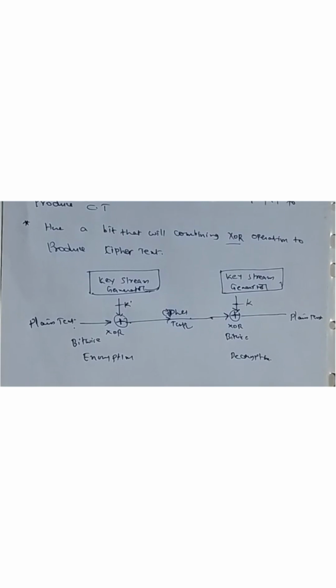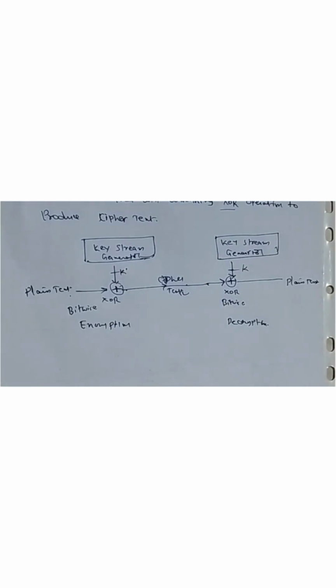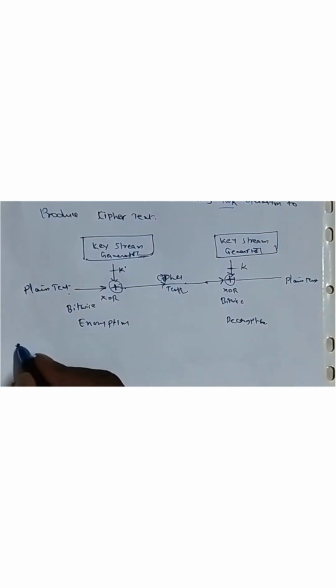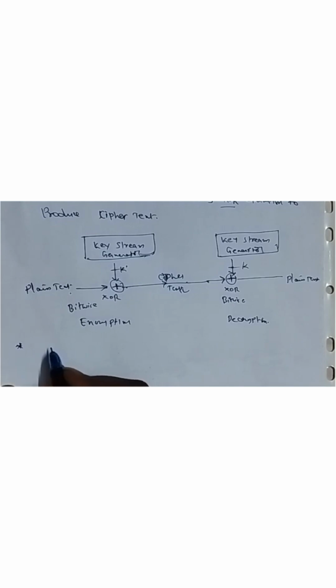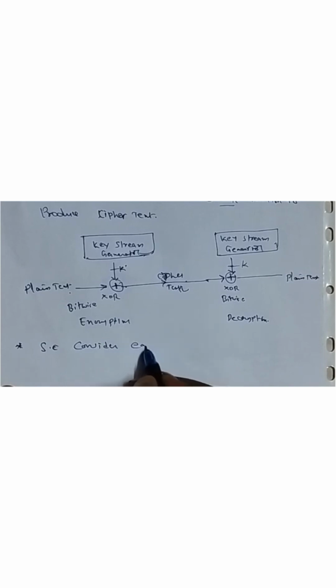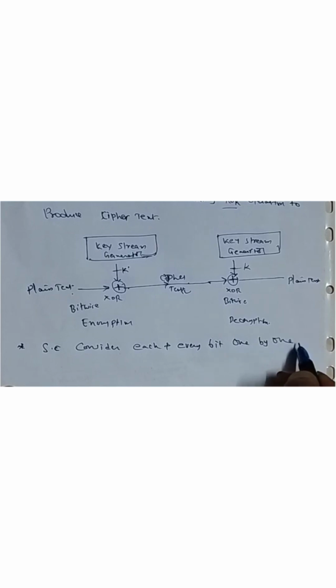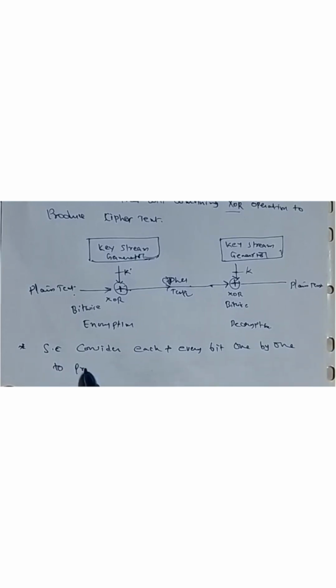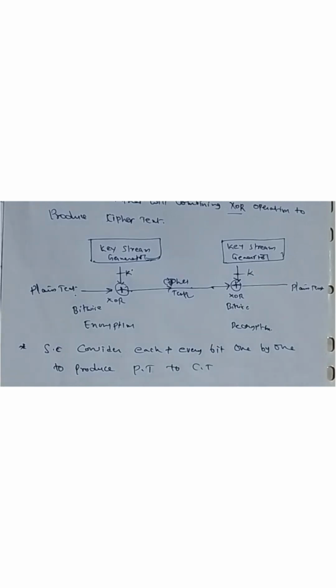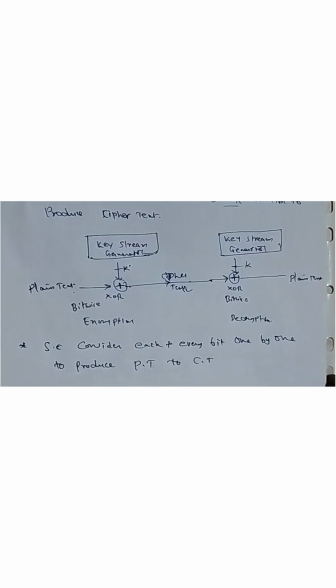A stream cipher considers each and every bit one by one, and converts plain text to ciphertext one bit at a time.